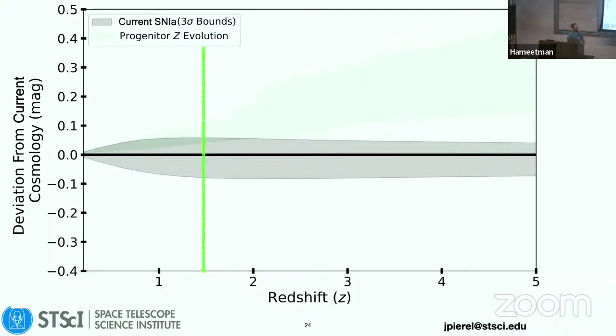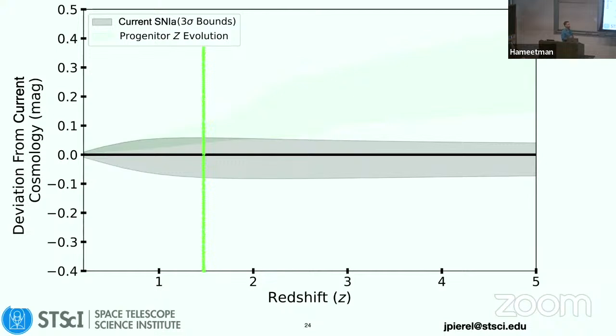In this regime, even if dark energy is changing with redshift, after about 1.5 it's a very flat behavior in terms of what you'd expect to see with Type Ia supernovae. So even if dark energy is changing, if nothing else is changing, you'd expect Ia distances to just stay along this flat line.